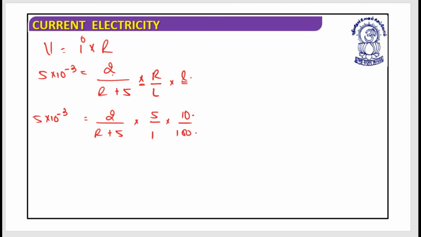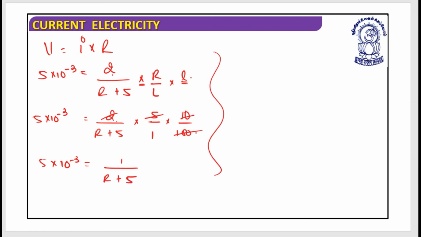I hope these things are clear. Is it clear? Great. So 2 fives are 10 and 10 tens are 100. So this can be written as 5 into 10 to the power minus 3 is equal to 1 divided by R plus 5.